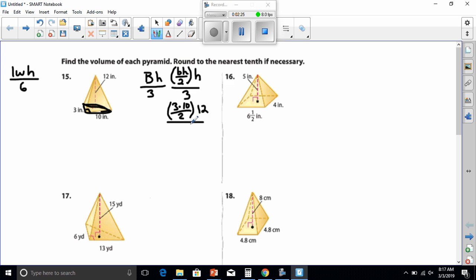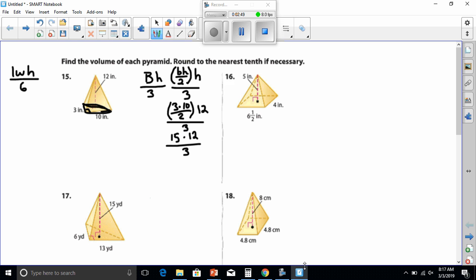And I would divide all that by 3. I could say 3 times 10 is 30, and divided by 2, well, that's going to give me 15. So now I have 15 times 12 divided by 3.